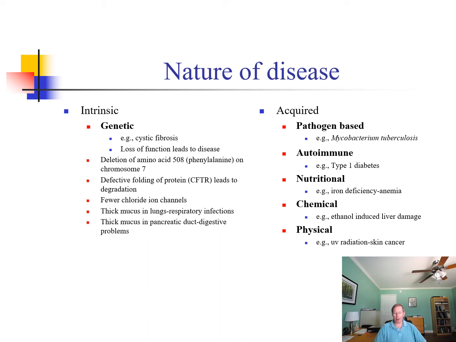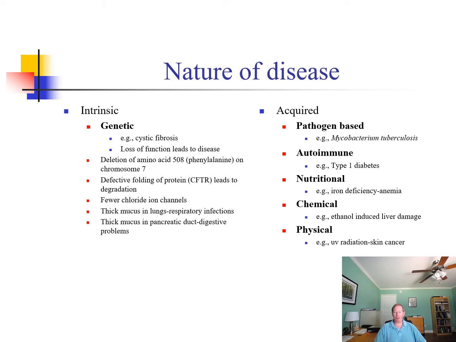There are also acquired diseases. These could be from a pathogen such as Mycobacterium tuberculosis that causes tuberculosis. It could be my body attacking itself inappropriately, autoimmune diseases such as type 1 diabetes mellitus or, for example, rheumatoid arthritis.